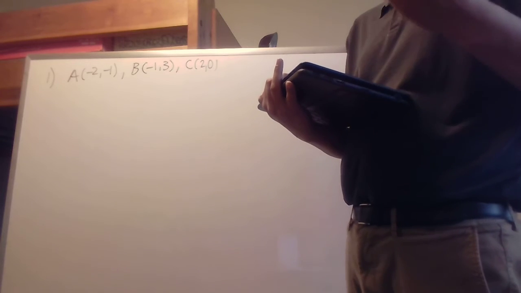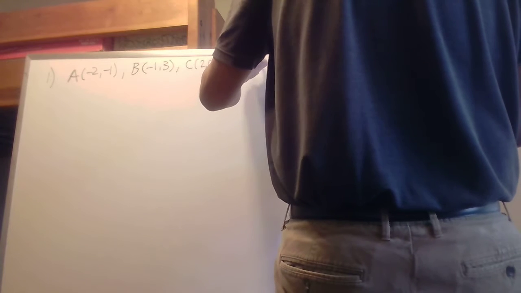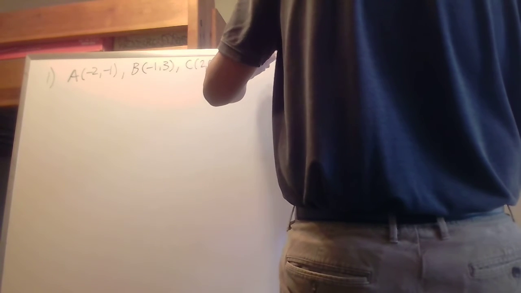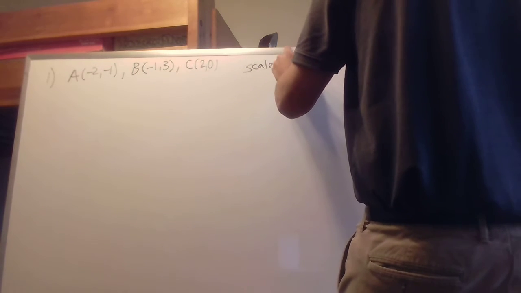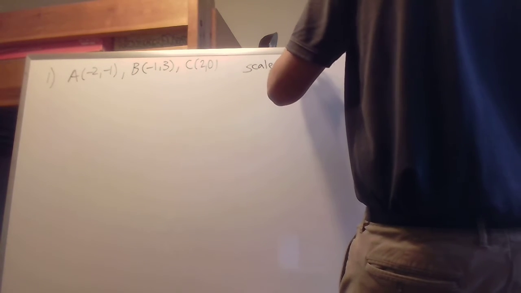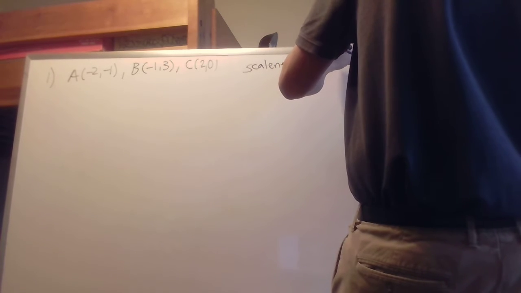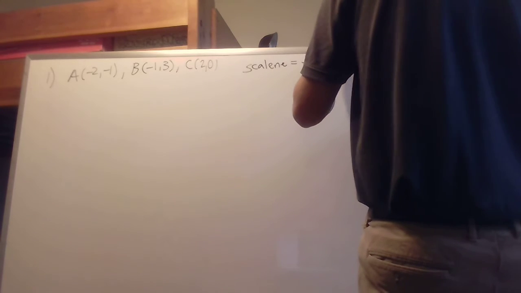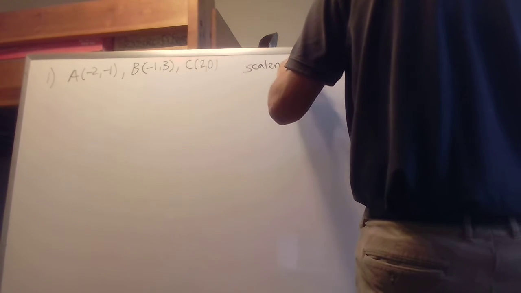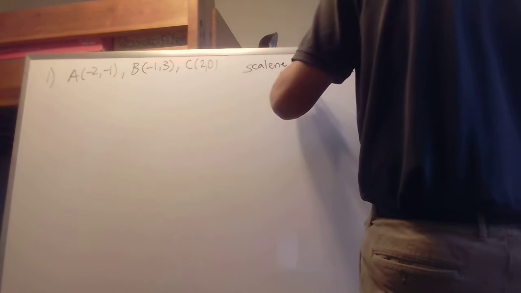scalene, equilateral, or isosceles. So we have the definitions of 3 triangles. We know them. So for scalene, all that I want you to remember is that the lengths of each of the 3 sides of the scalene triangle are different.